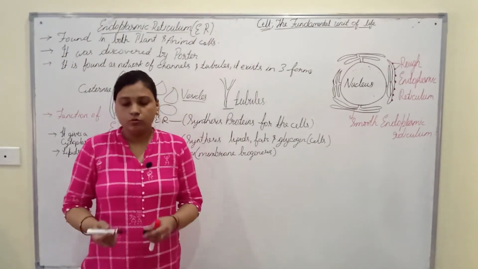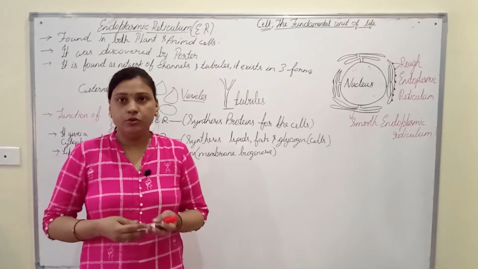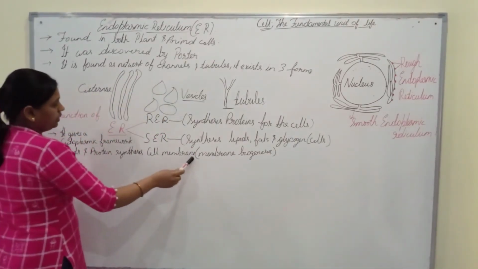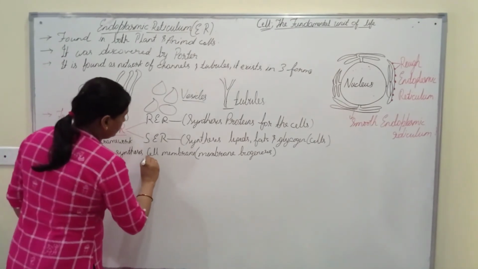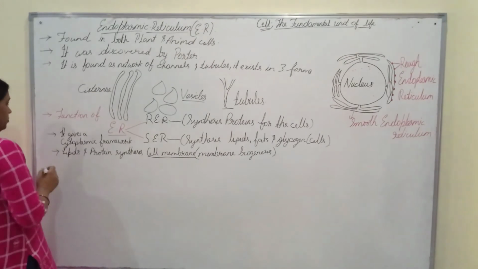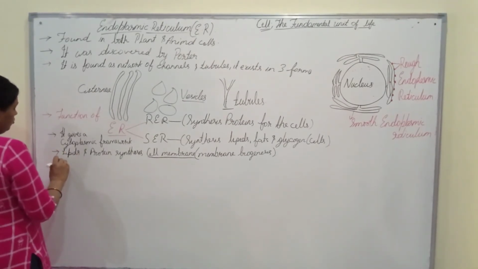Membrane biogenesis is the process by which lipids and proteins collectively form the cell membrane. So it is a very important function of the endoplasmic reticulum that the plasma membrane is synthesized by it.